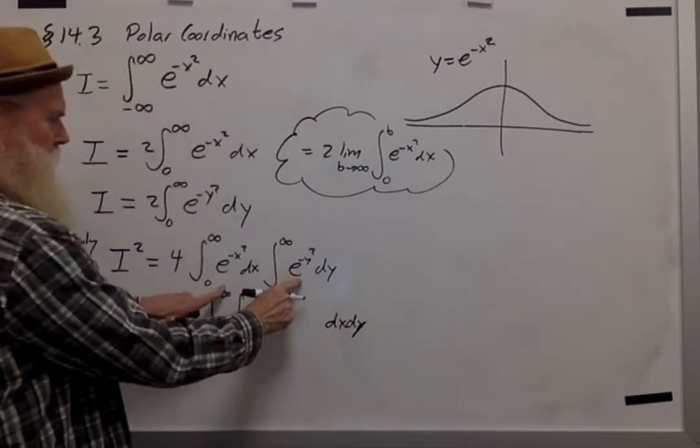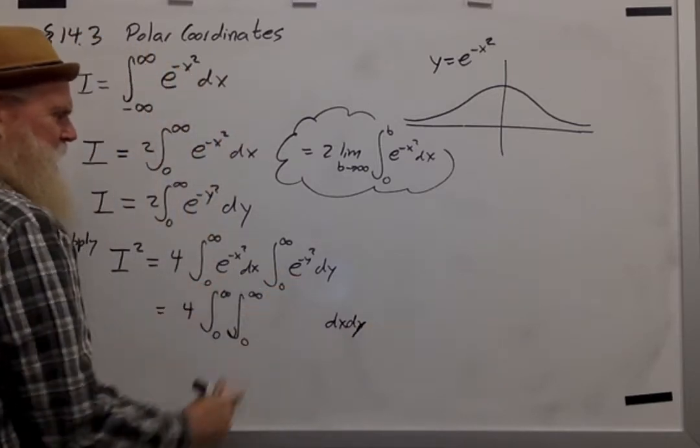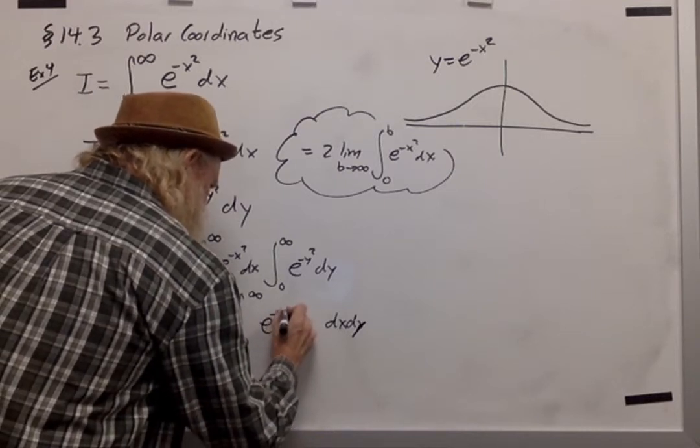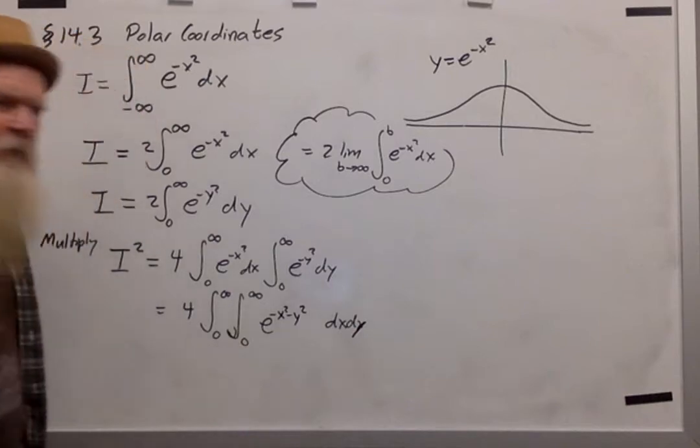And on the inside, I'll multiply the e to the negative x squared and the e to the negative y squared. So that gives me e to the minus x squared minus y squared.